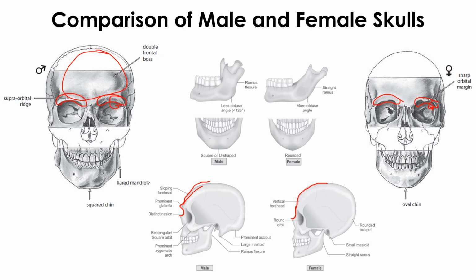Okay, this is a basic difference. And the shape of the eye orbit: here it is rectangular in shape, this is also rectangular in shape. Okay, so here it is round shaped. So remember this, here it is round shaped.